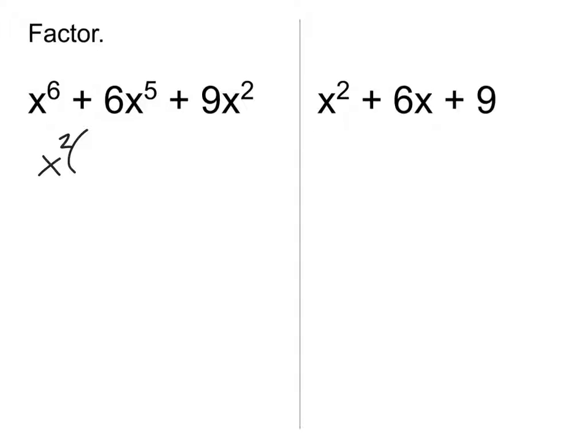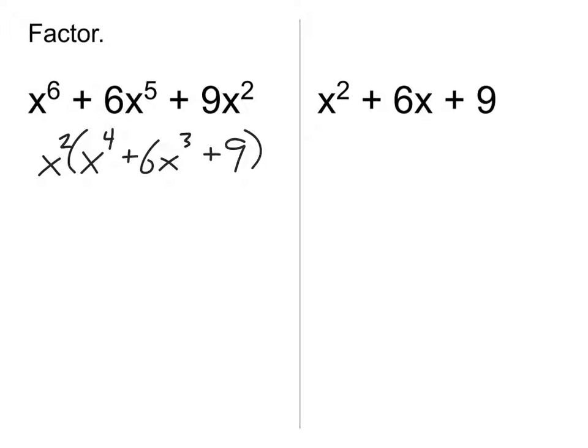Now in this case I can pull out x squared because I can pull 2 x's out of this, I can pull 5 out of this, 6 out of this, so I can at least pull 2 out of every term. Alright, so when we pull out x squared, that gives me x to the 4th, remember I'm subtracting the exponents, plus 6x cubed plus 9.